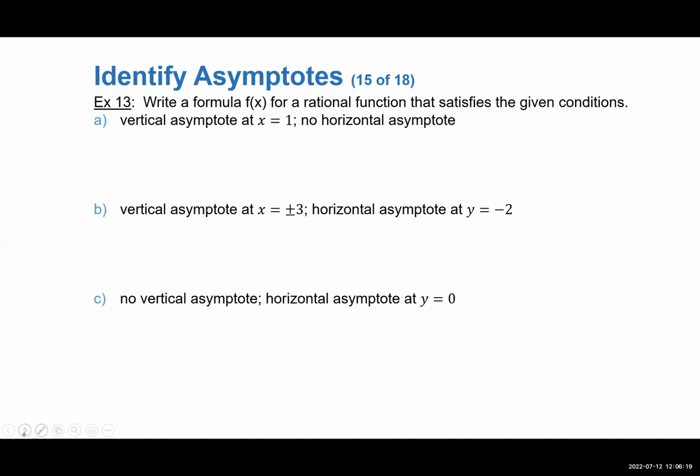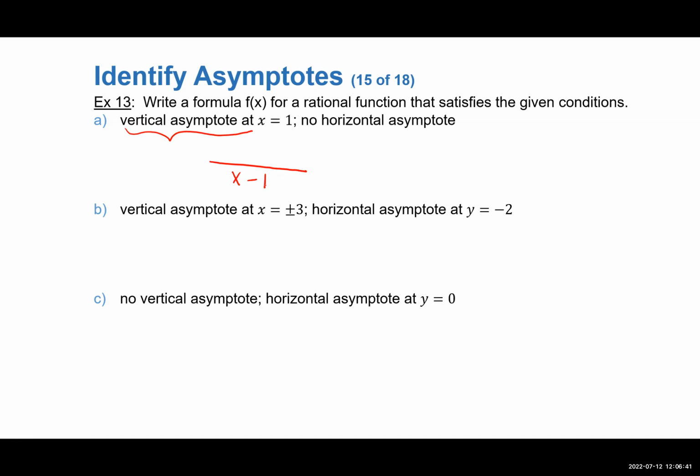All right, example 13. Write a formula f of x for the rational function that satisfies the given condition. Vertical asymptote at x equals 1, no horizontal asymptote. So we're looking for something that has a vertical asymptote at x equals 1. A vertical asymptote means that the denominator, if I plugged in 1, would be 0.